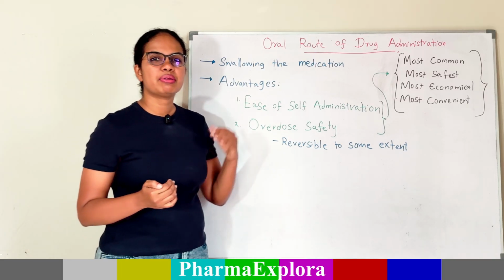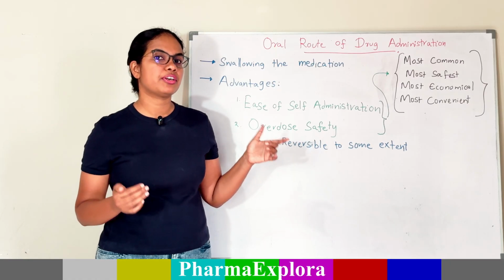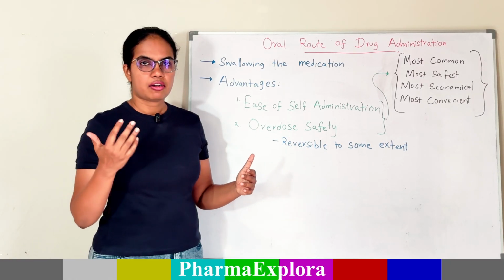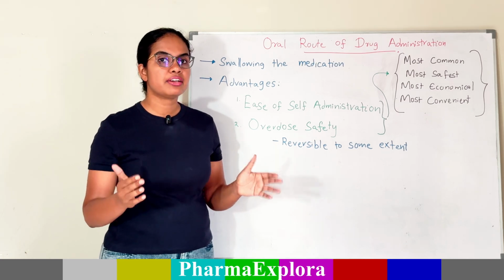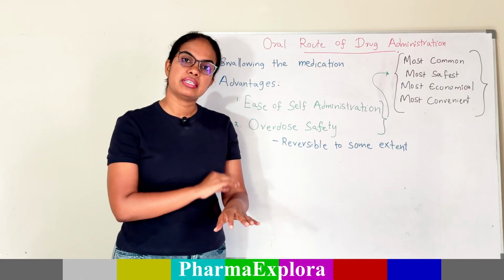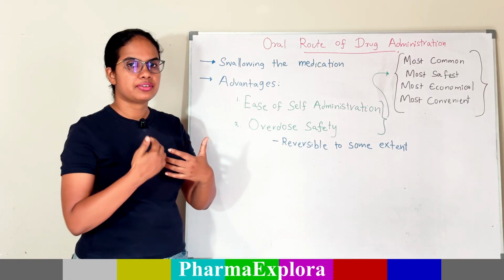I hope you remember that in our overview of routes of drug administration lesson, we discussed that the parenteral route of drug administration is irreversible. Why? Because we administer medications directly into the bloodstream. Here we use the gastrointestinal tract.